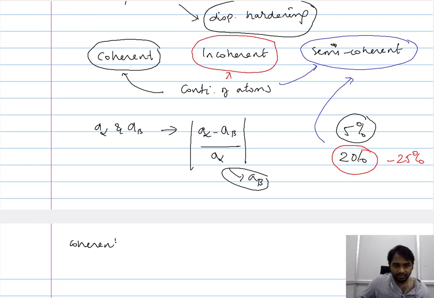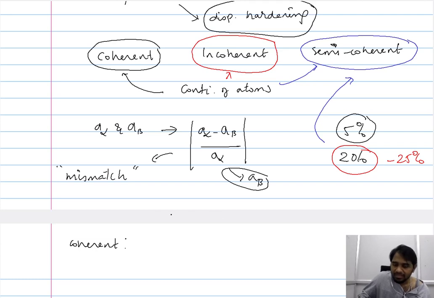In case of a coherent interface, of course, there is a mismatch, and this mismatch ranges up to 5%. This is nothing but the difference in the interatomic distance or interplanar distance. So this expression here can be referred to as the mismatch.